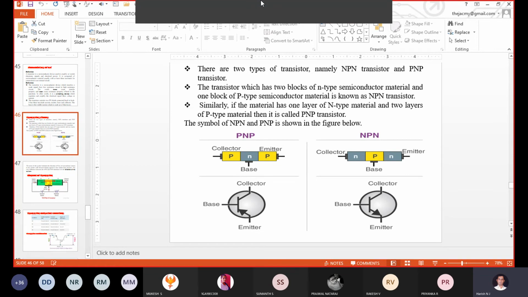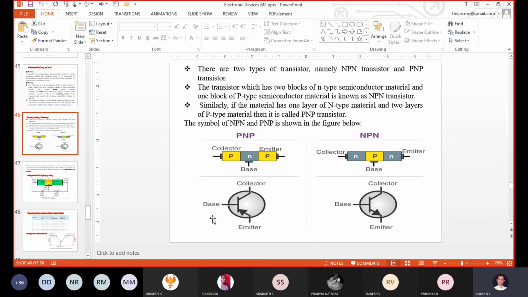That we will check now. For the biasing of a transistor, how many external power supplies are required? For the PN junction diode, one power supply is sufficient. But in a transistor, how many external power supplies do we require for the biasing? Two.